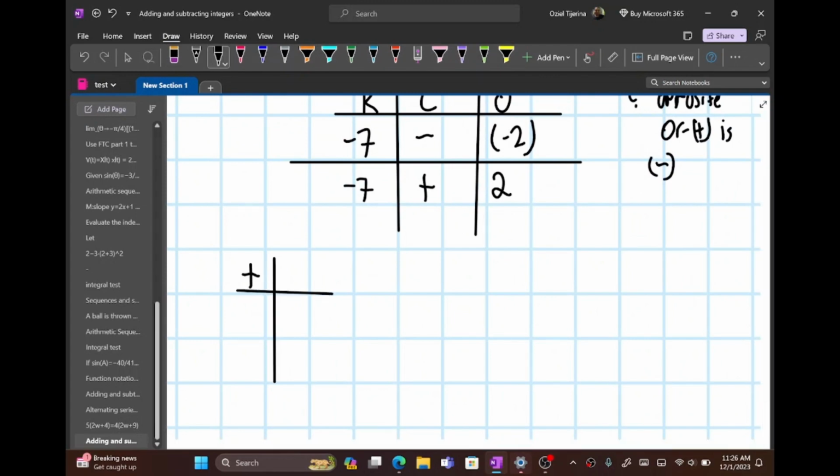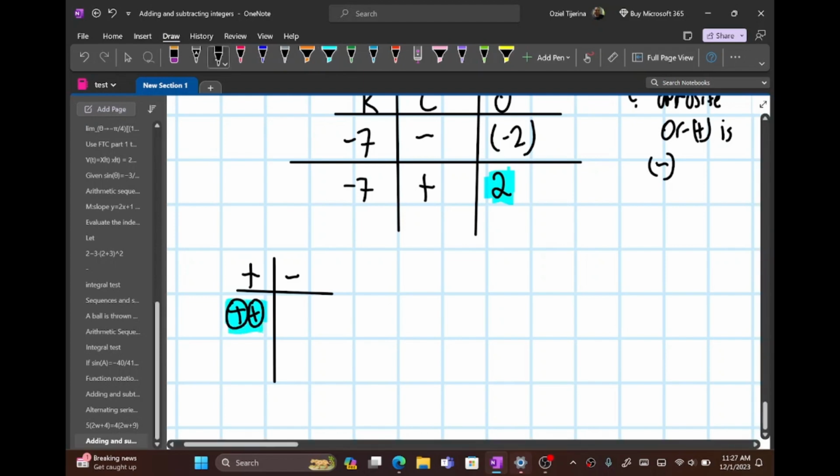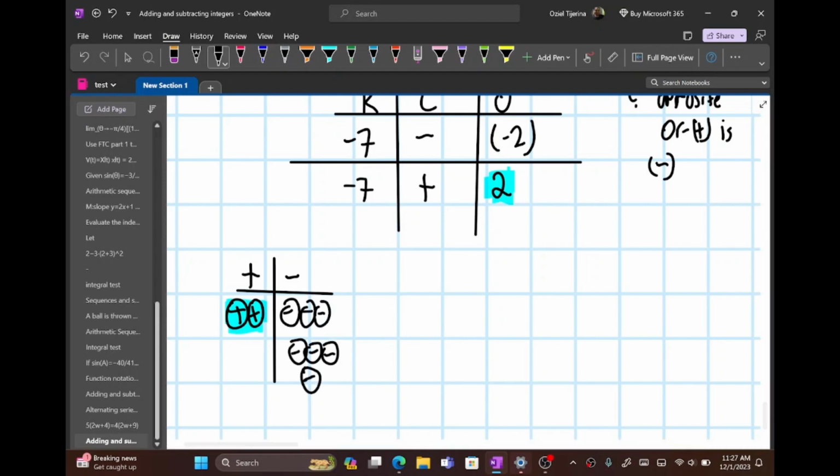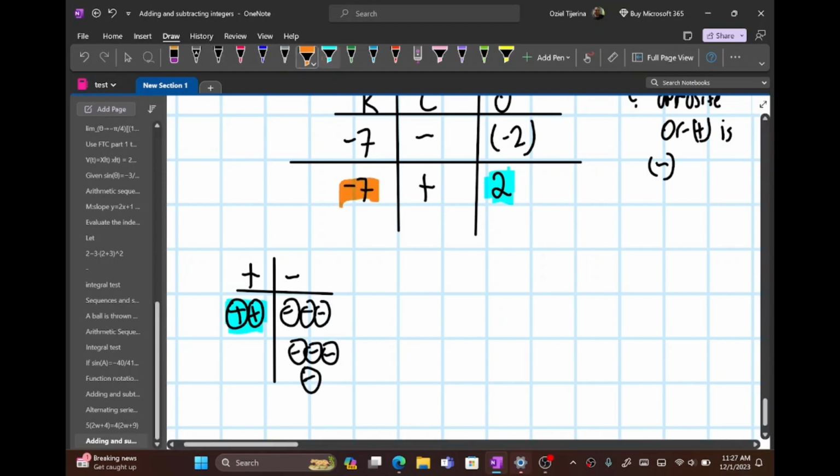So we have positive and negative. How many positives do we have? Well, there's positive 2, so there are 2 positives. 1, 2, right? And then there are 7 negatives. So 1, 2, 3, 4, 5, 6, 7. Now, this is adding, right?